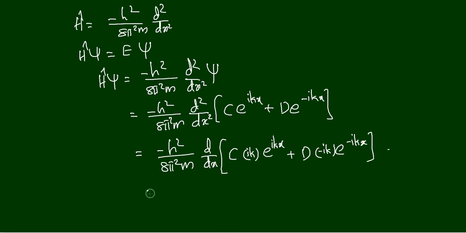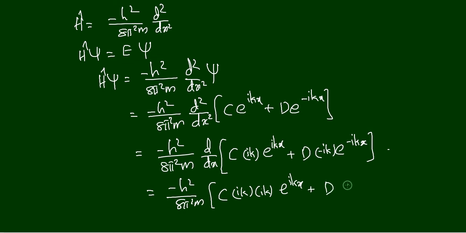So that is equal to minus h square divided by 8 pi square m of C ik into ik e raised to ikx plus D into minus ik into minus ik e raised to minus ikx.